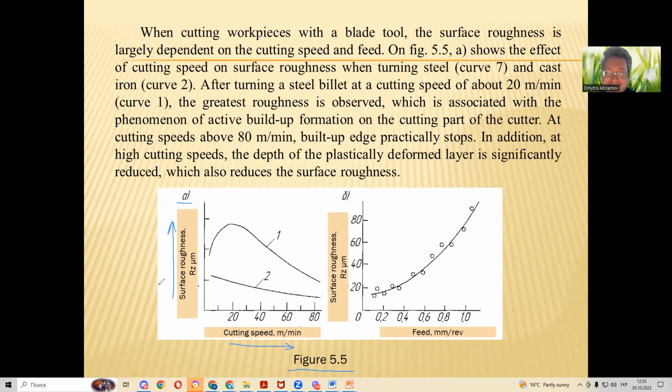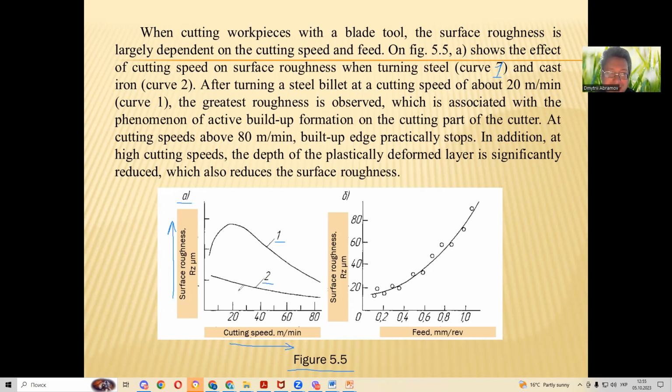When turning, curve 1 is for steel, and curve 2 for cast iron.